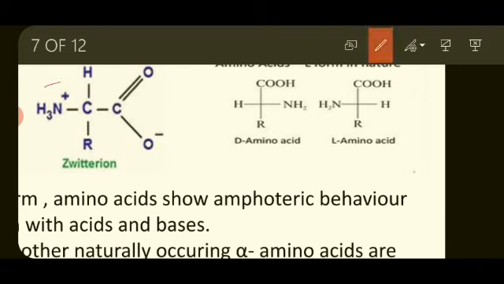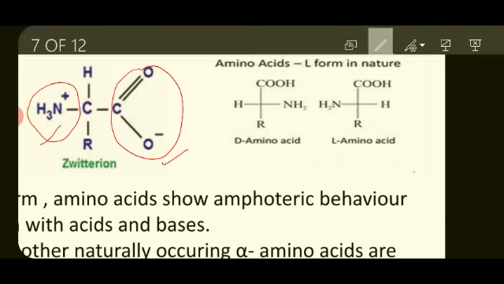You can see here it is NH3 plus, and this COO becomes minus. So this is how the positive charge as well as negative charge are both present in the same compound.